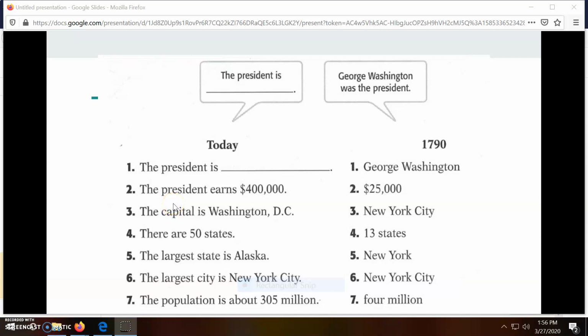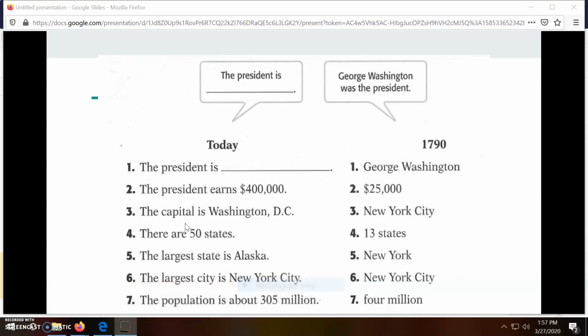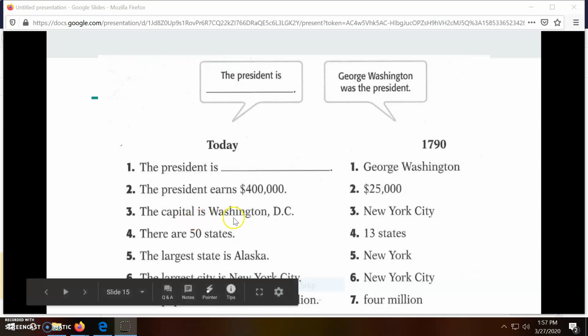Two, the president earns $400,000 a year. The president earned $25,000 a year in 1790. Three, the capital is Washington, D.C. today.